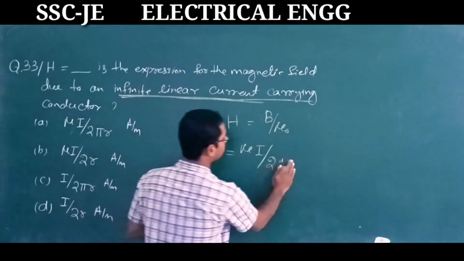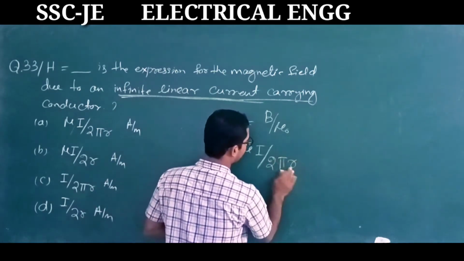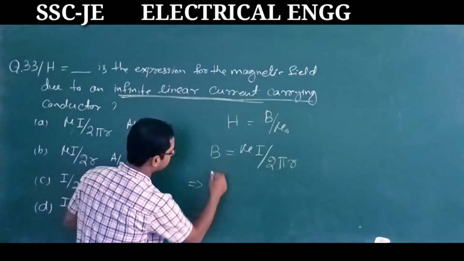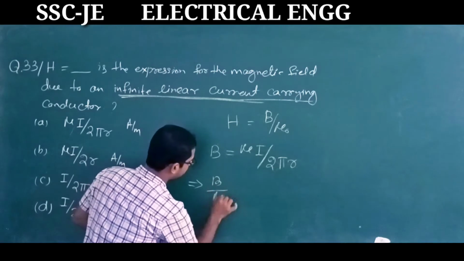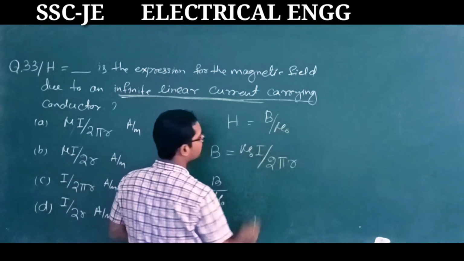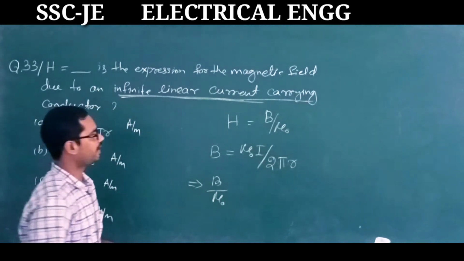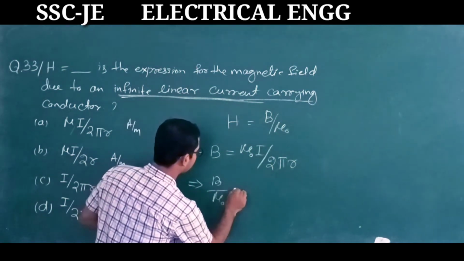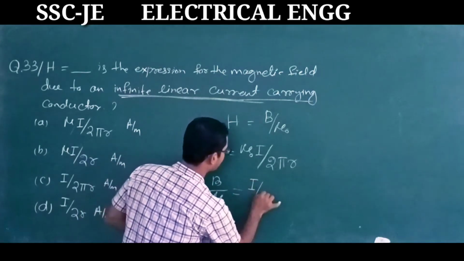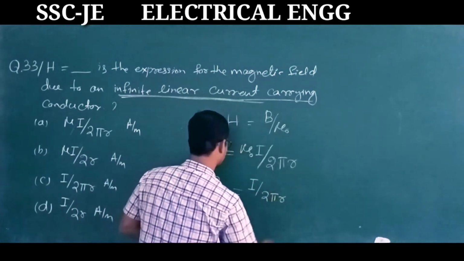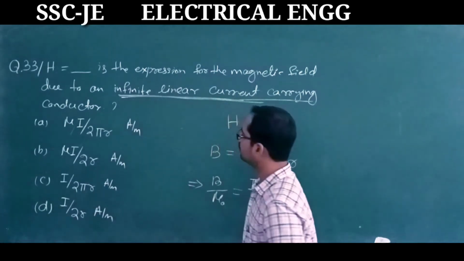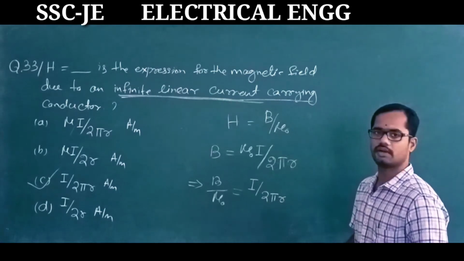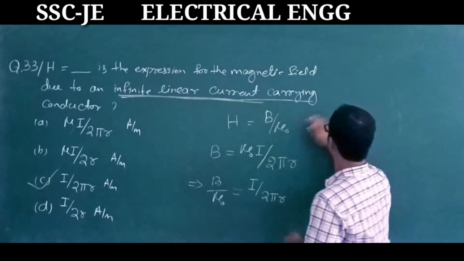So if you solve this, it is B by mu 0, where mu 0 is the permeability of vacuum or free space, and this will be I by 2 pi r. So the answer is option C, I by 2 pi r. Similar types of question we have already covered in our last video.